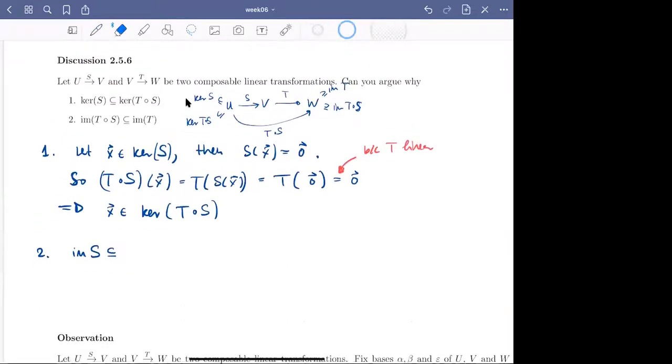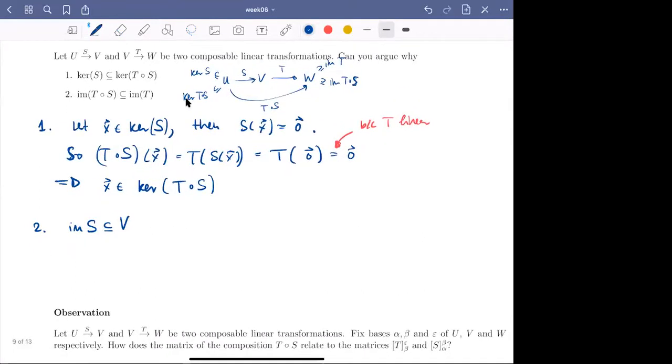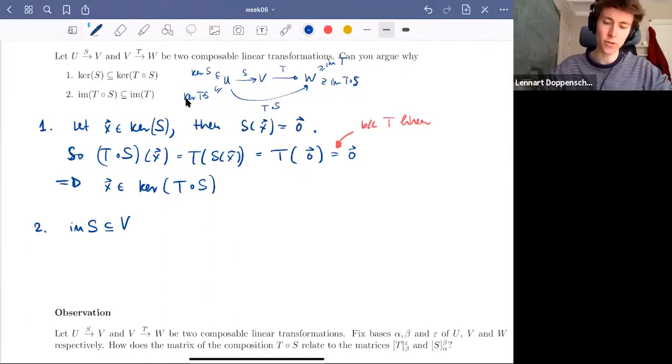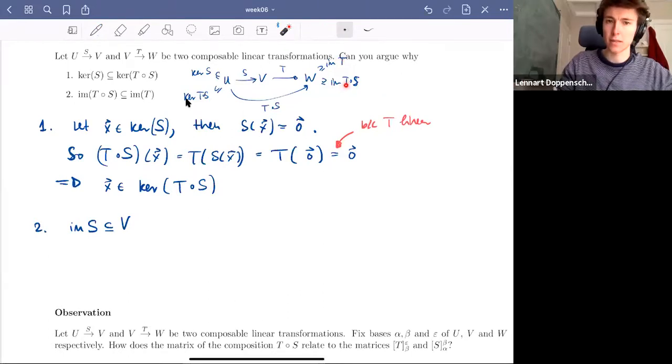Yeah, so since the image of S is a subset of V, the image of T composed with S should therefore be a subset of the image of T, because T takes the entirety of V and sends it to W. And since the image of S is a subset of V, it's a portion of V that gets sent to W. So therefore, that's also a subset. But we're interested in the image of T. So we want to relate the image of T and the image of T composed S.